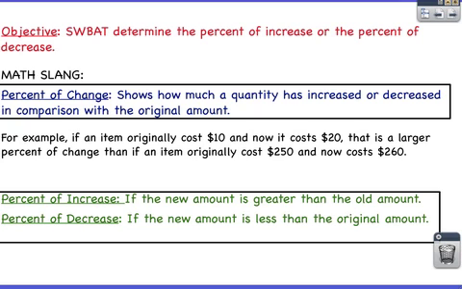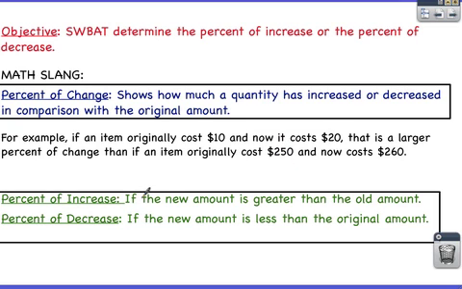Notice how in both cases the price went up by $10. 10 became 20 because we added $10. 250 became 260 when you add $10. However, the percent of change is much larger when you're going from $10 and now it's been doubled to $20. Whereas $10 is not so much in comparison with the original cost of our $250.